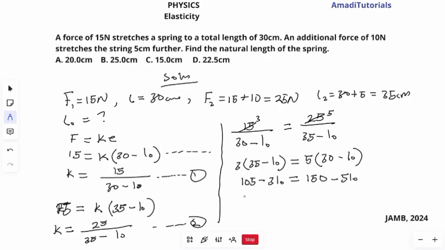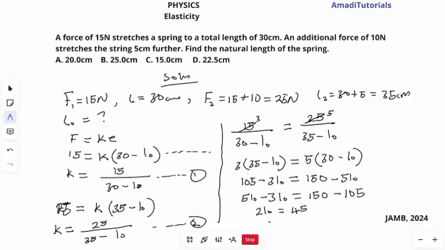If you collect like terms properly, you have 5L0 minus 3L0 equals 150 minus 105. So this gives you 2L0 equals what? That minus that will give you 45.